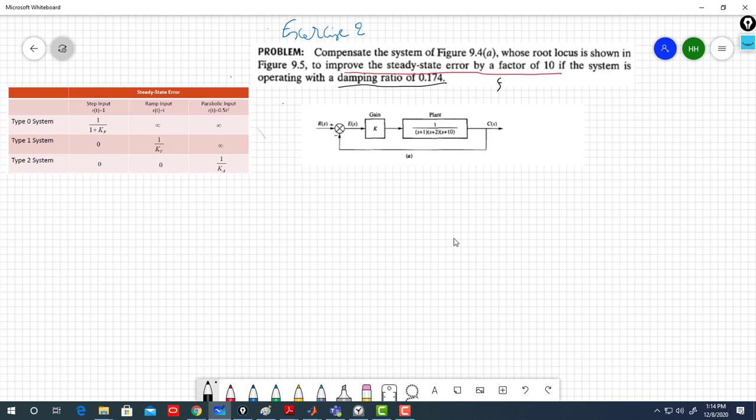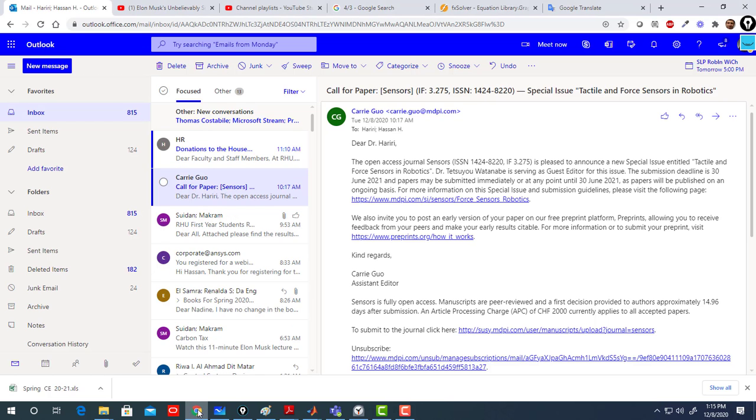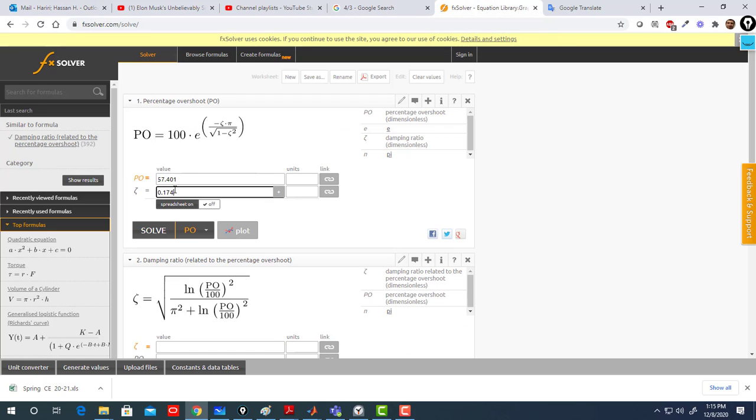So that means zeta equals 0.174, which is equivalent to saying the overshoot is, if you go to the website quickly, here 0.174, it gives you 57.4%.